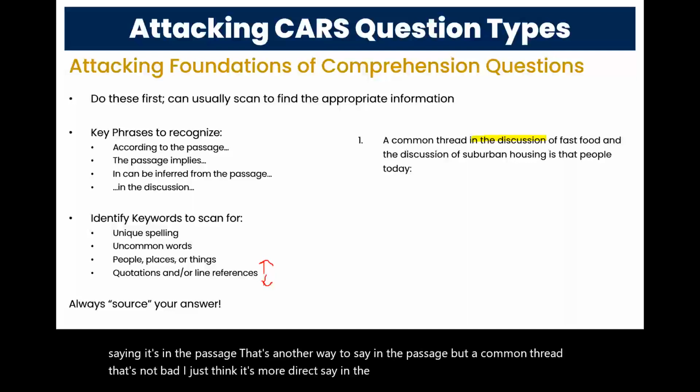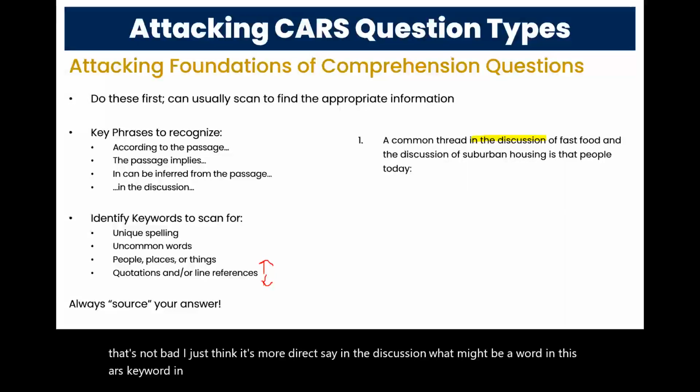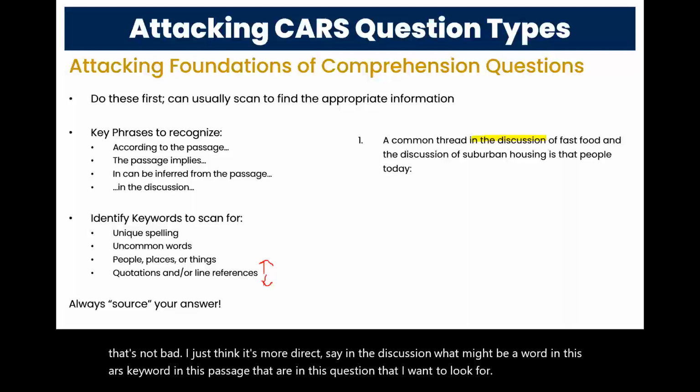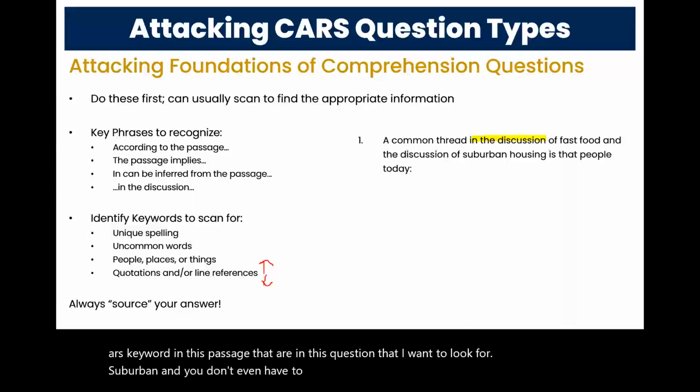What might be a keyword in this question that I would want to look for? Suburban. And you don't even have to look for the whole word. I looked for Suber.